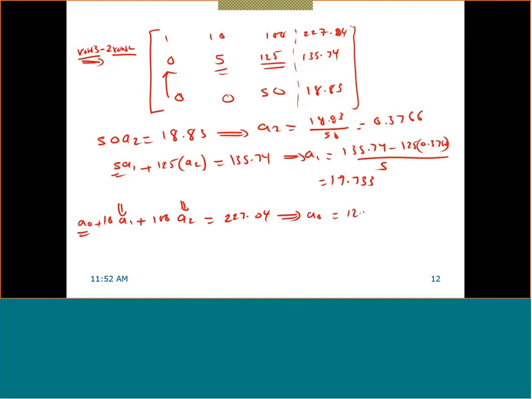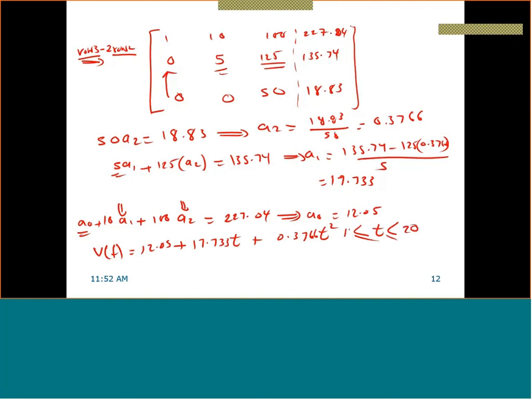So now my V of t will equal A0, which is 12.05, plus A1, 17.733 times t, plus A2, which is 0.3766 t squared, and this is defined. You always have to write this range, 10 to 20. Why? Because this function is only true in this range. It's not true outside the range. Okay?